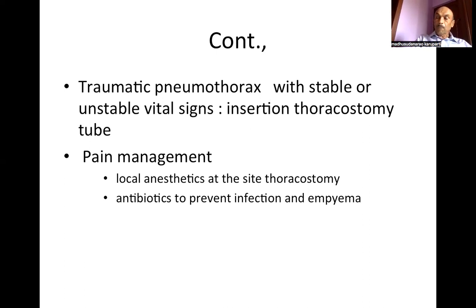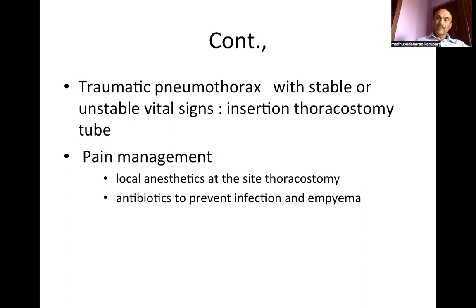Then, the most important part of the management of pneumothorax is pain management. There is definitely some degree of pain with procedures like thoracostomy and insertion of the tube, and the patient has an indwelling catheter. You will have a lot of pain and discomfort about the chest wall at the site of the wound.